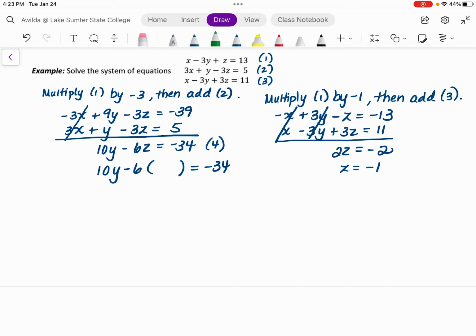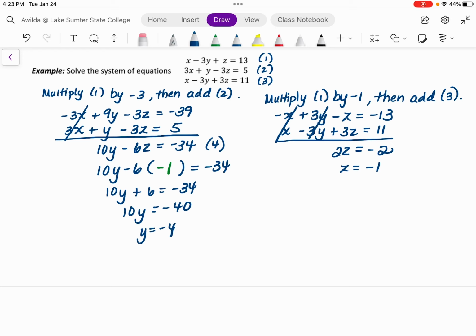Well, now I know that z stands for negative 1, so I can make that back substitution. So I have 10 times y plus 6 equals negative 34, or 10 times y is equal to negative 34 minus 6, which is negative 40. Dividing both sides by 10, we get that y is equal to negative 4.